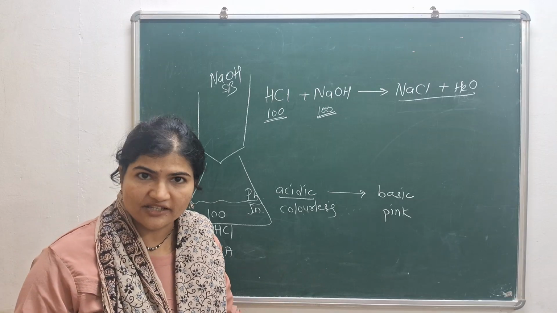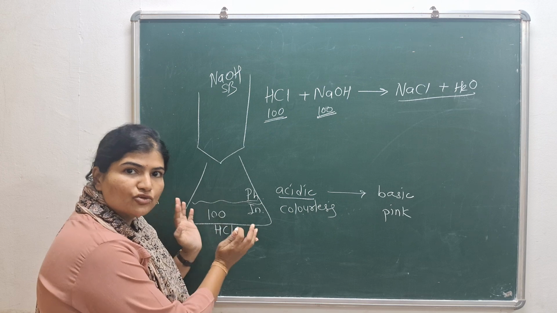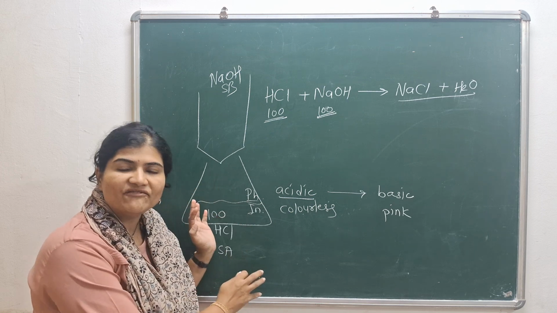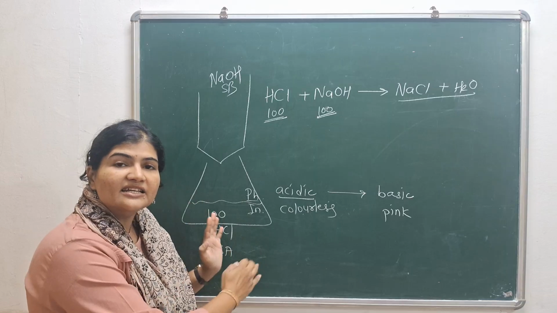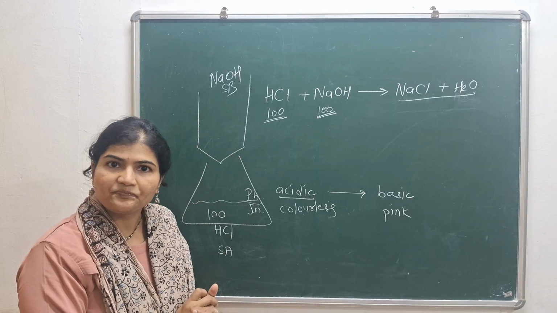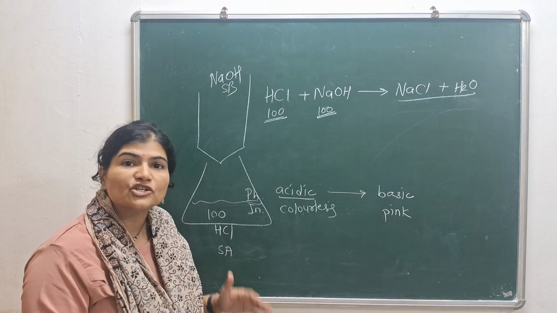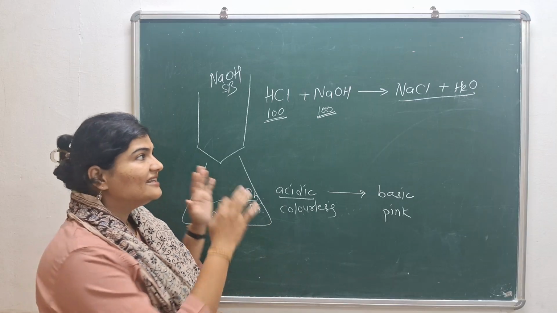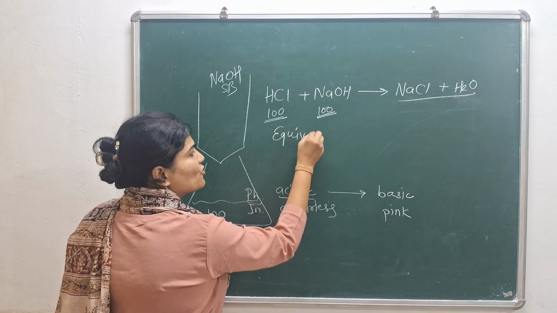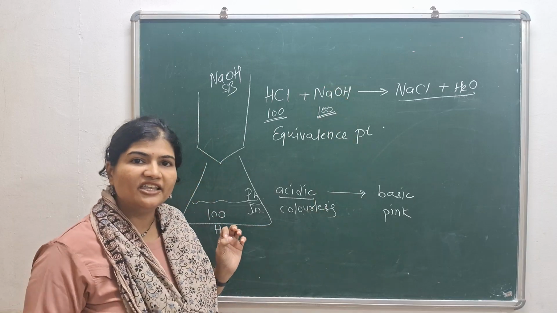At this point, the 100 molecules of HCl, whatever concentration or amount you have taken in the conical flask, have completely reacted with your titrant. This is the point where your reaction is actually complete, and this point is referred to as the equivalence point, or it is also called the stoichiometric end point.